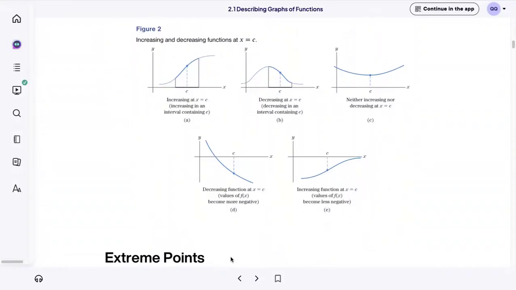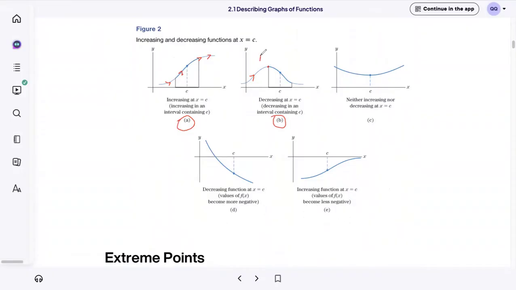Well, let's see these ones. The first one, A, is an increasing function. From left to right, it just keeps going up. So, an increasing function. Well, let's see B. Increasing until this point.